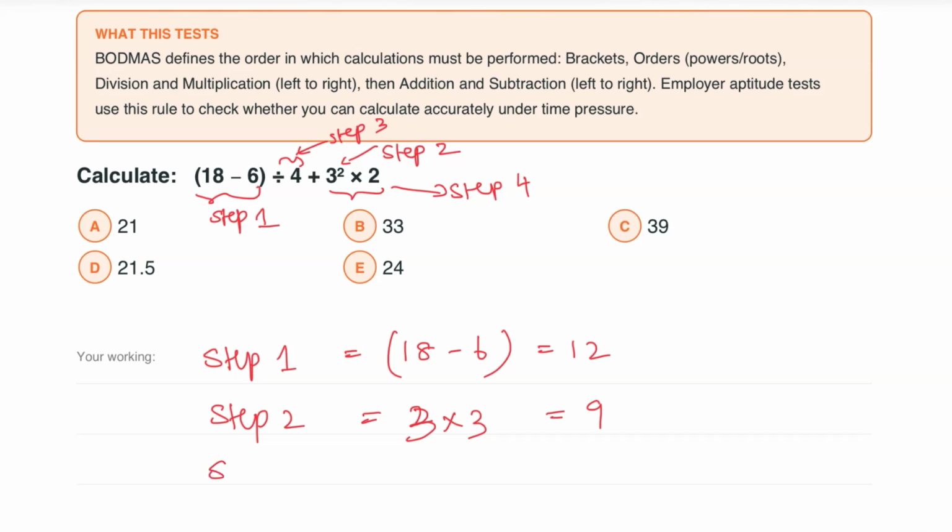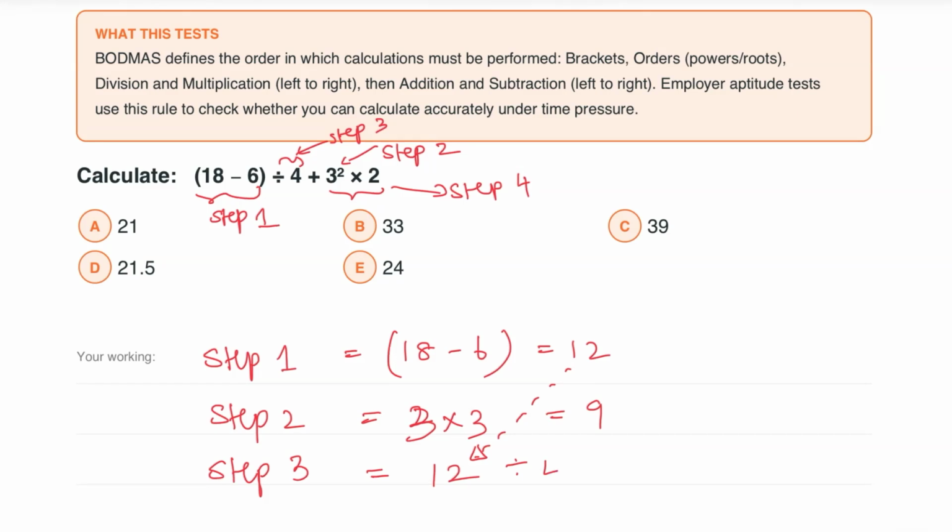Then we can go to step 3, which would be the division and the multiplication. We can actually take them as one step. To do this, I'm just going to combine the answers we did so far. We have the first step, which is 12. I input that answer here.